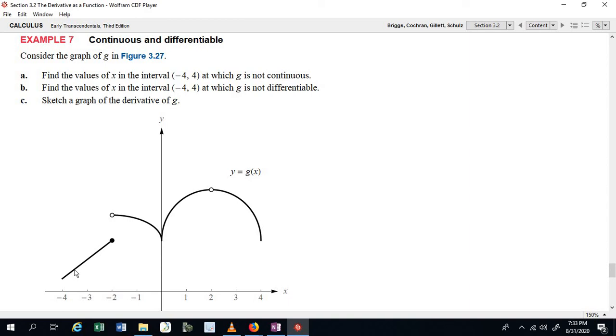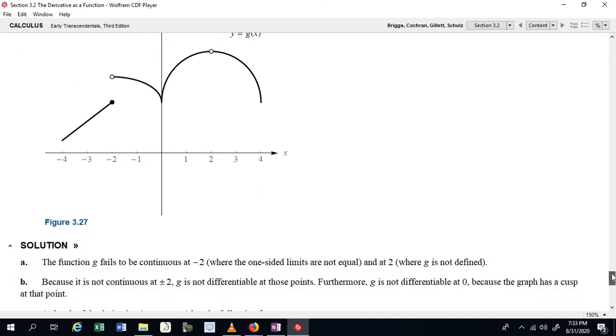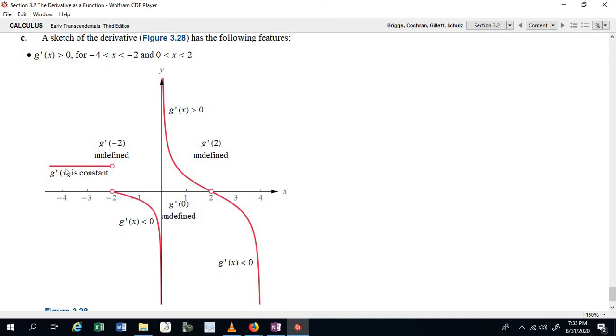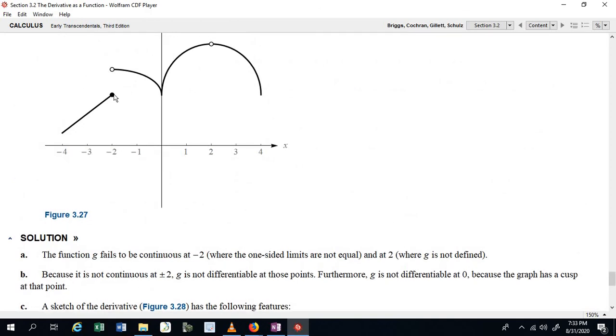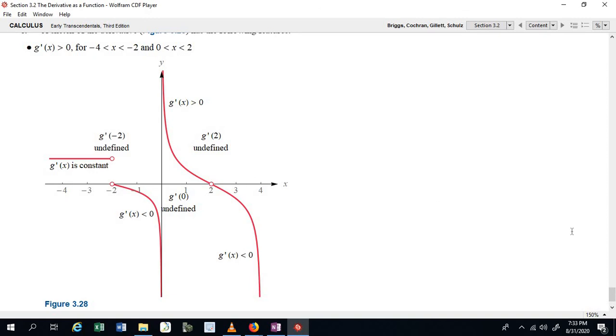So the tangent lines here, from -4 to -2, appear to have a slope of like +1. So when you go to graph its derivative, g prime, you get +1 for the y value, which represents the slope of the tangent line for these x values between -4 and -2. Okay? And then right at -2, the derivative doesn't exist. And so that's why we have an open circle at -2.